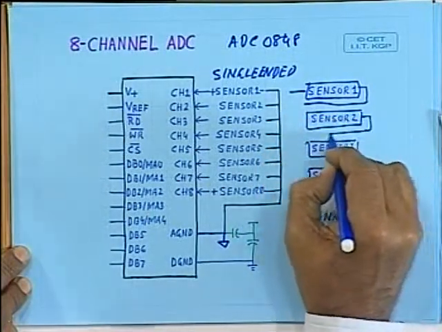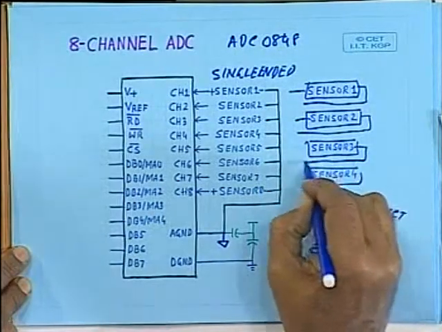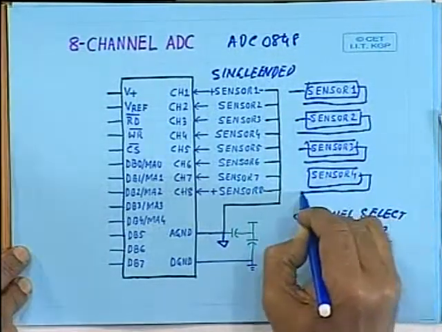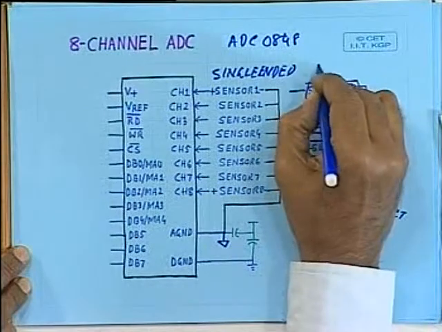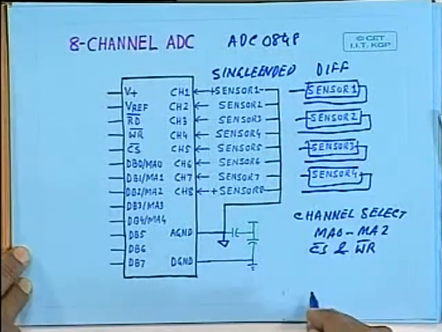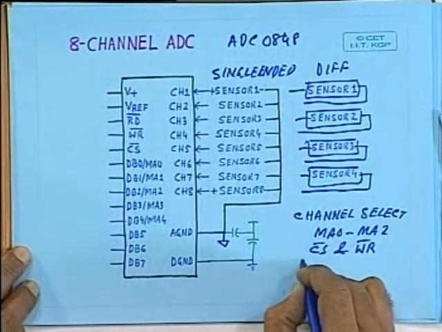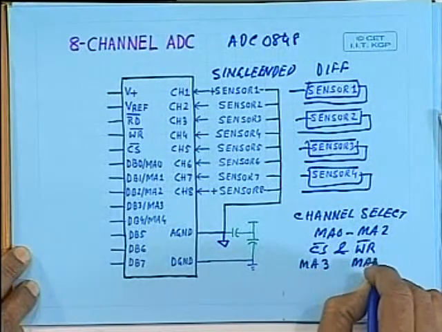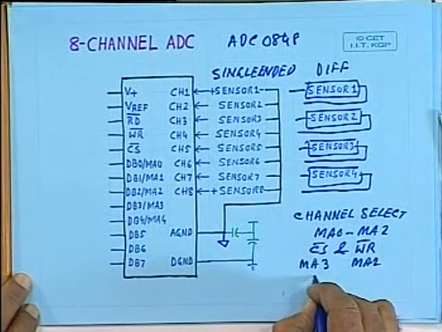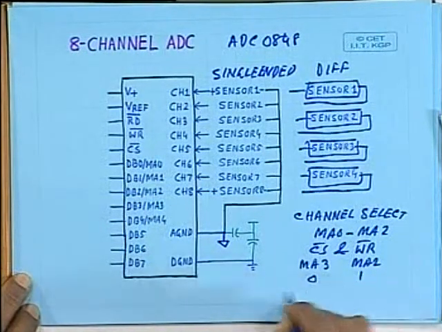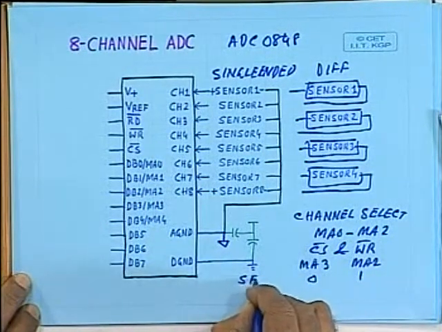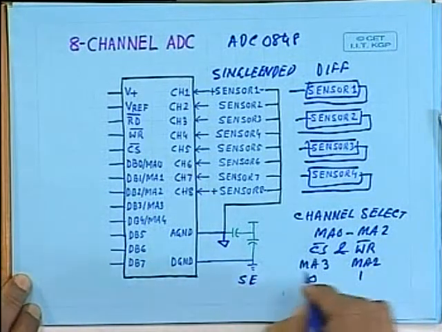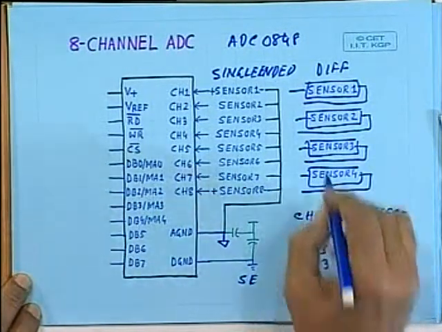These two are connected, then these two are connected, then these two are connected. So, you require essentially 4 sensors, and this is known as differential connection, and this is controlled with the help of these MA3 and MA4 lines. Whenever this is 0, 1, this is single ended. Whenever this is x0, this is differential.